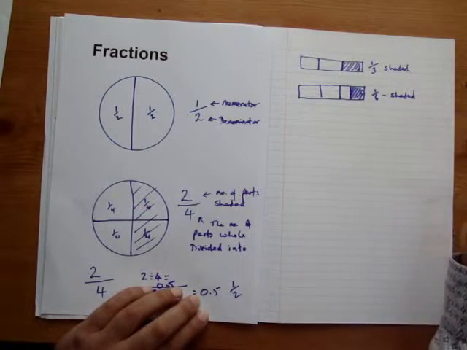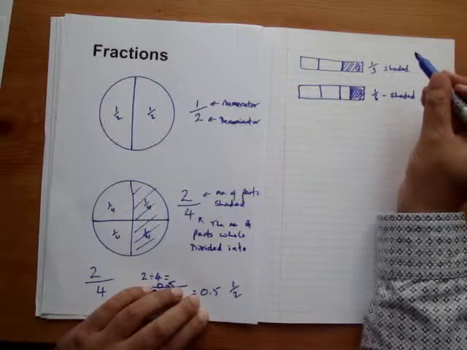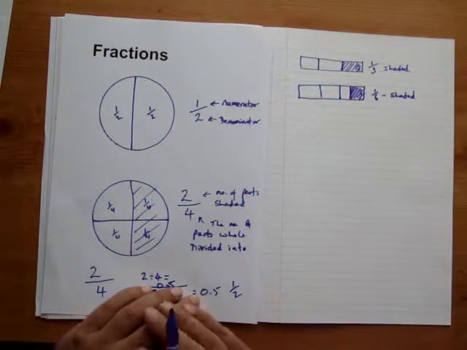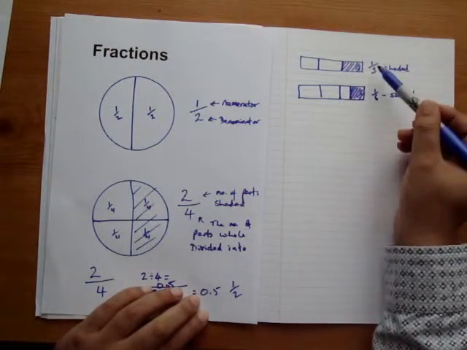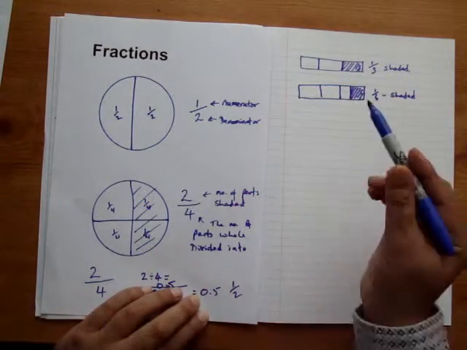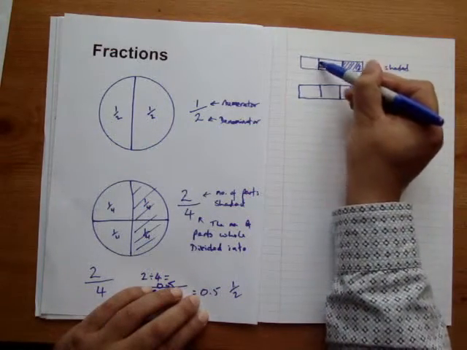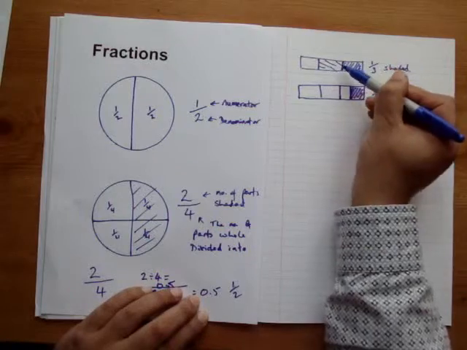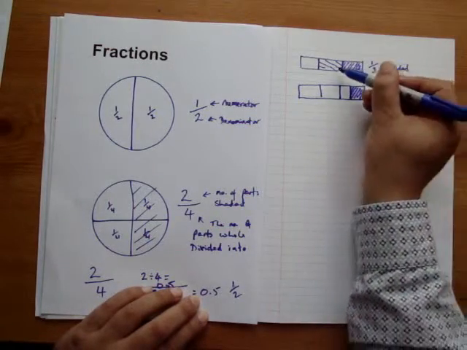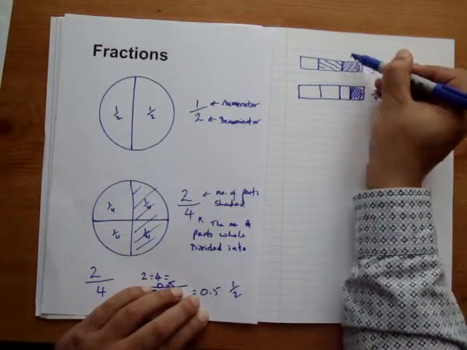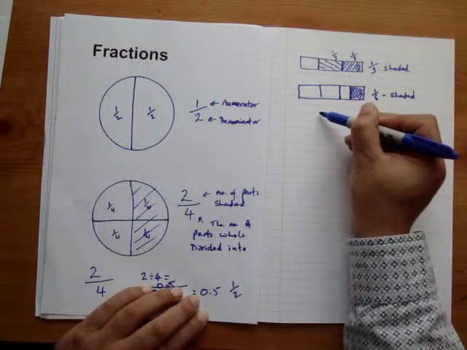So when we're adding fractions, if we add a third to a third, it's quite easy to see what's happening. We're adding this part to this part. So this is 1/3 and this is 1/3.